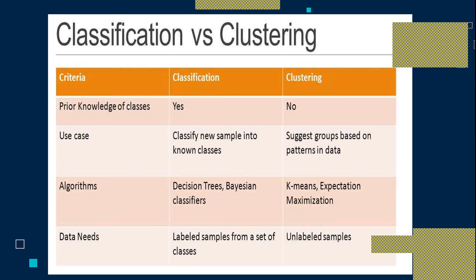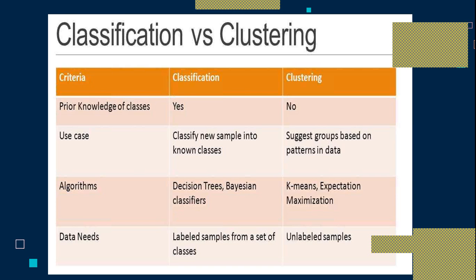Some of the very popular algorithms used in classification are the decision tree based classifier, while for clustering, very popular algorithms are k-means clustering, then expectation maximization, etc. The data we need for classification is labeled samples, while for clustering we require unlabeled samples.